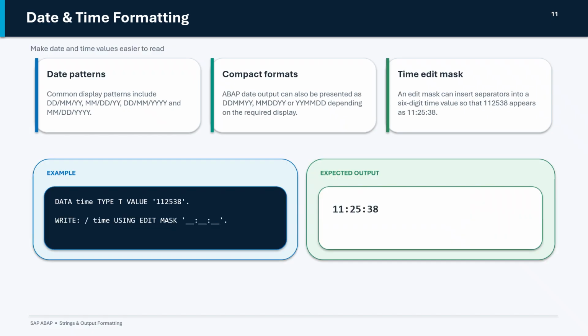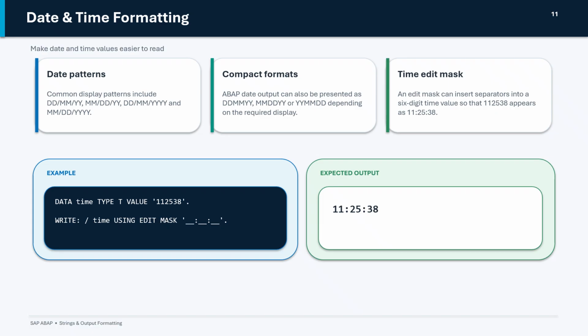Next, date and time formatting. Dates can be displayed using different patterns depending on the required format. For example, we may need the date in a day, month, and year format, and other supported display arrangements also. Time values can also be formatted using the edit mask. In our example, the time value is 11:25:38.